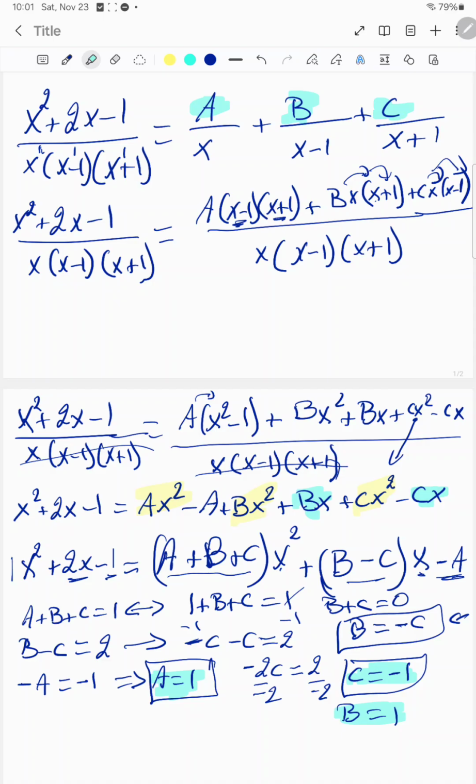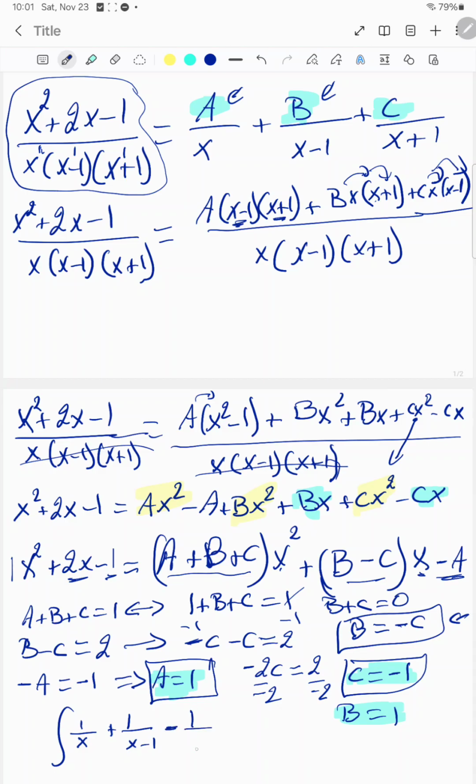I will replace a and b and c by their values. So instead of writing the integral of this, I can write the integral of a, which is equal to 1 divided by x, and my b is equal to 1, plus 1 divided by x minus 1, and my c is equal to minus 1, divided by x plus 1, all that multiplied by dx.